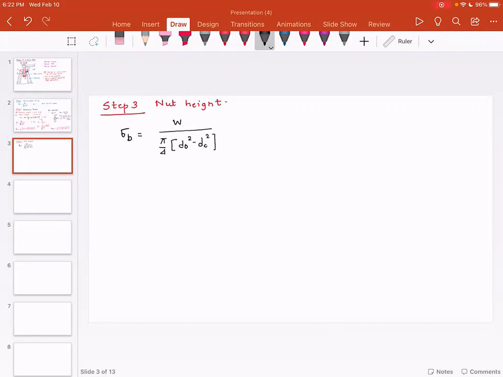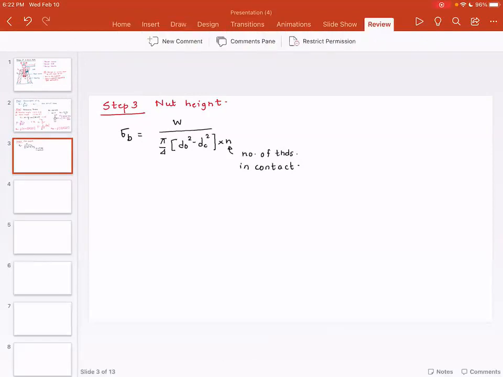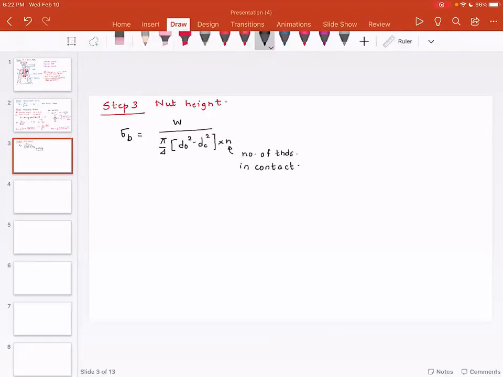This is one single area, and then you have n, which is the number of threads in contact. So please note, value of sigma B is nothing but the bearing value. So sigma B is the bearing strength.